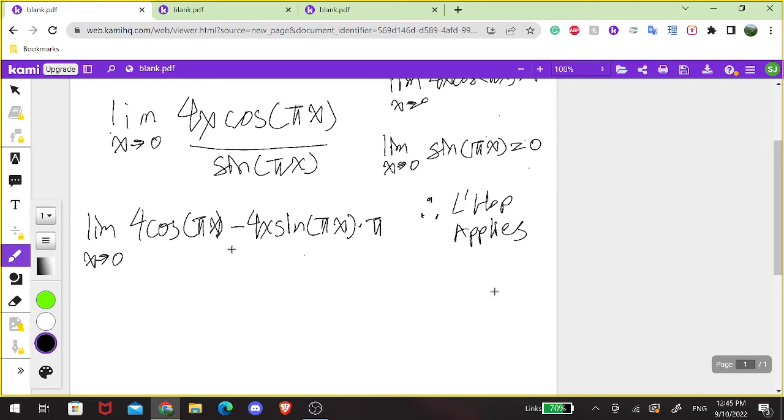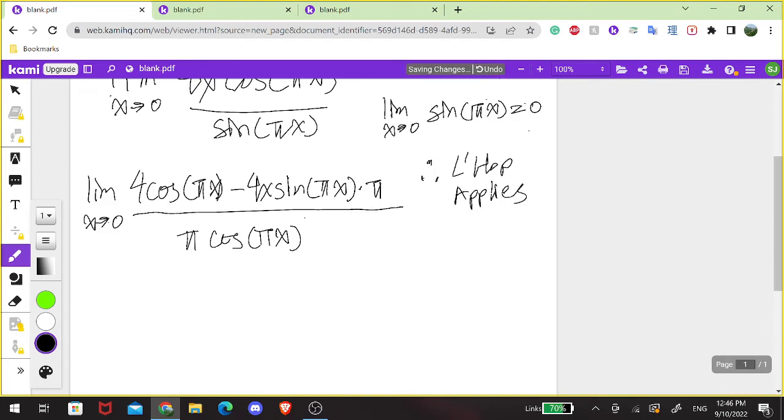Okay, so now on the bottom, it's going to be the derivative of sine pi x, which is pi, again chain rule, times cosine pi x. Okay, now we plug 0 in.